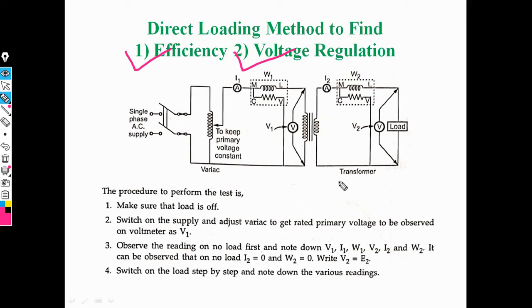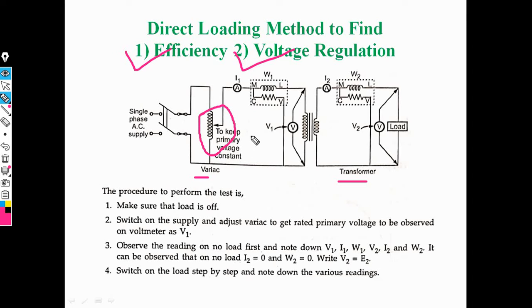This is the transformer and this is the variac, that is a variable voltage device, which increases or decreases the voltage within a certain limit. This variac is used to provide constant voltage to the primary side of the transformer. This is the voltage controller device, that is variac.